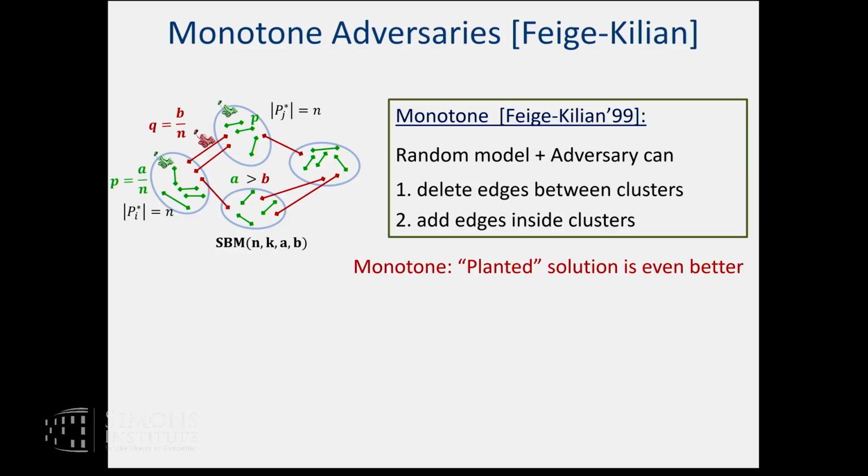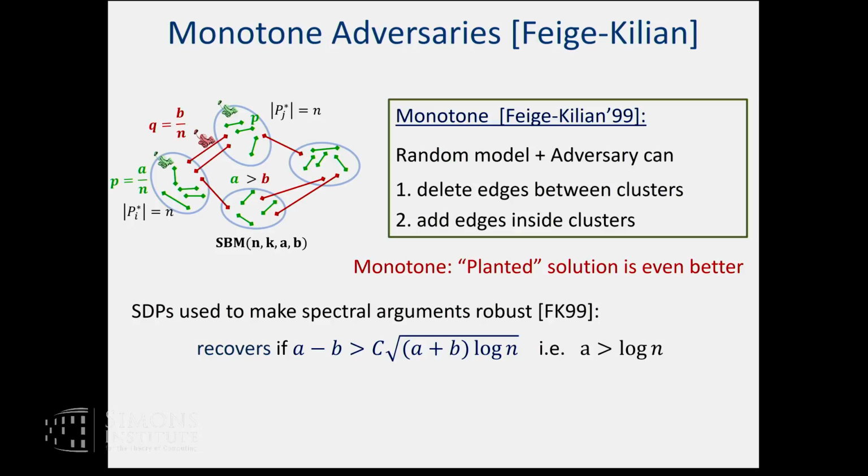Okay, unfortunately, we don't know that spectral algorithms do, but Feige and Kilian showed that you can use SDPs, semi-definite programs, to make these spectral algorithms robust. They showed that under essentially the same kind of conditions about the difference between the inside cluster degree and between cluster degree, perhaps with a slightly worse constant, SDPs will actually recover the community memberships.